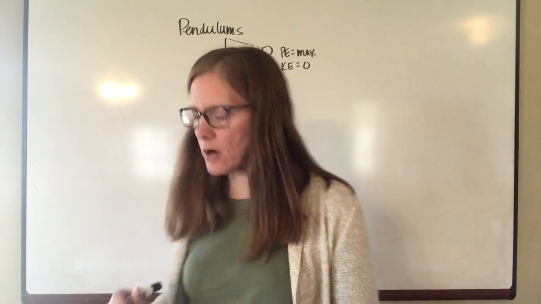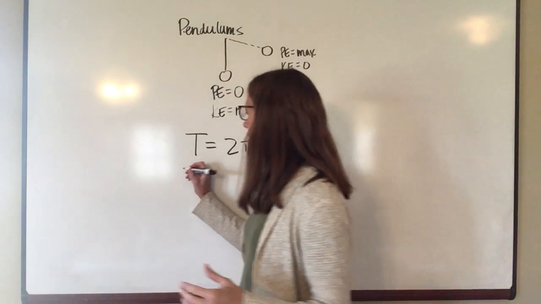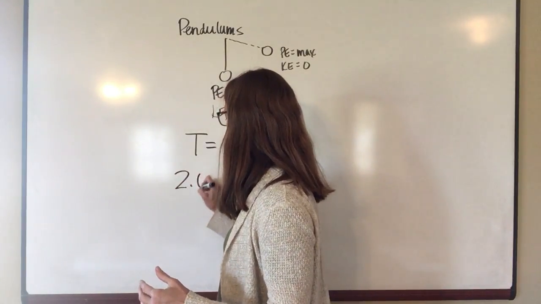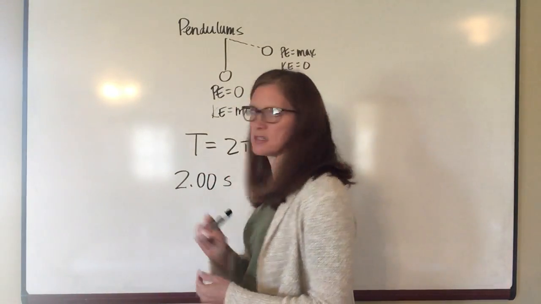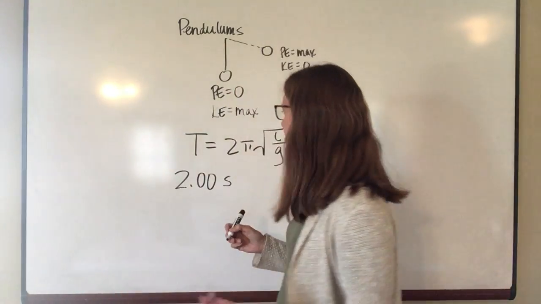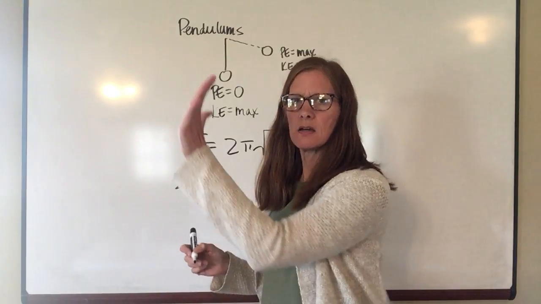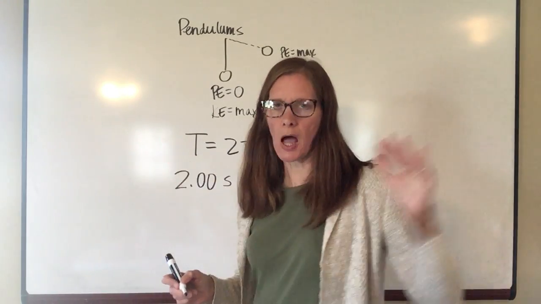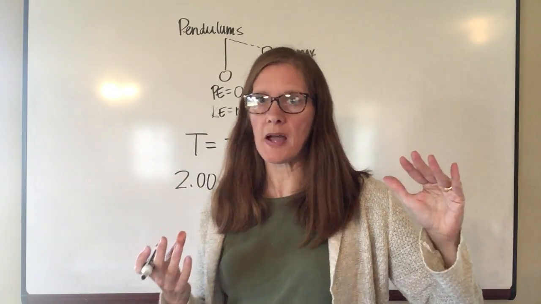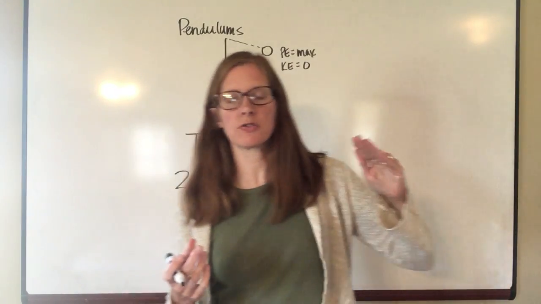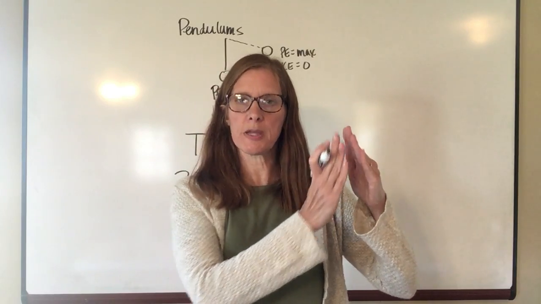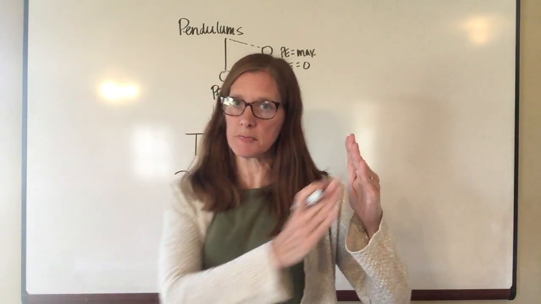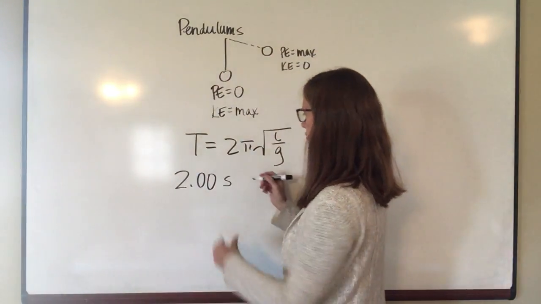So the period of that grandfather clock is actually going to be 2 seconds, and we're going to go ahead and give that 3 significant figures. So I have a tick, tock, tick, tock. Okay, that's how a grandfather clock sounds when it goes, and it's going to make a tick on one half and a tock on the other half. So a complete period is when it goes there and when it goes back, and so that's 2 seconds.